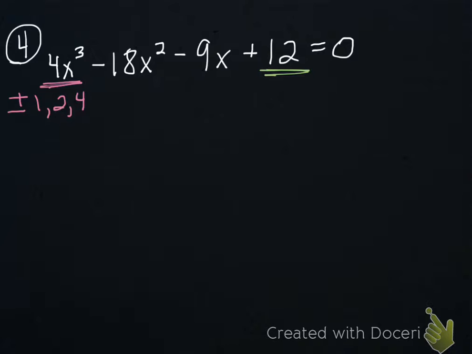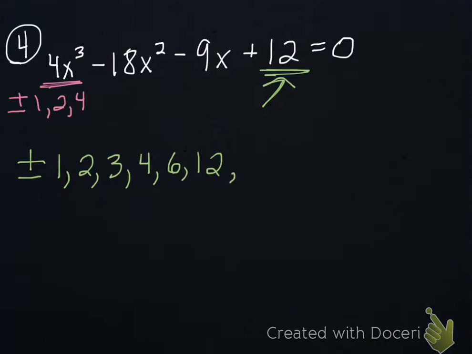Starting with the 12 first. Plus or minus. What multiplies to give me the 12? 1, 2, 3, 4, 6, and 12. All of those numbers will divide evenly into the 12 and are factors of it.